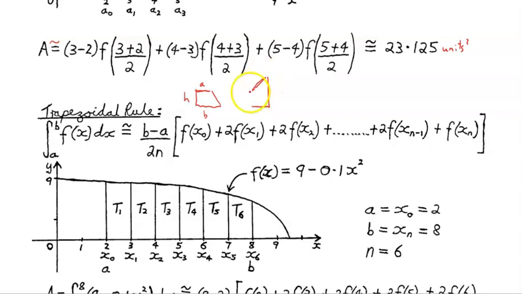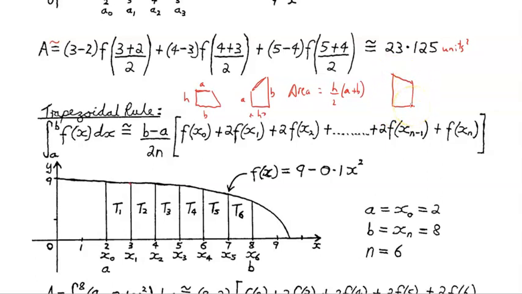The area for a trapezium is height on 2 times (A plus B). And what we're doing here, again with the same curve, 9 minus 0.1 x squared, just as an example, is taking a trapezium here. This point here is a little bit lower than that point there, so you've got a shape like that, ever so slightly.